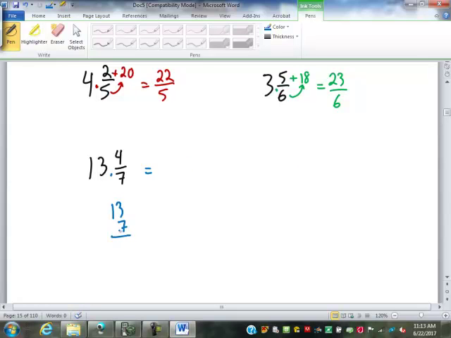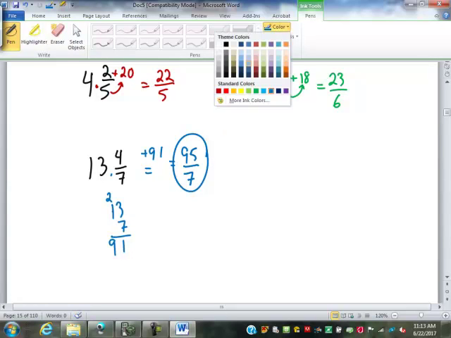I may have to write it out to make it work. 3 times 7 is 21, so 1 carry the 2. 7 times 1 is 7, plus 2 is 9. 91. So that's 91 added to the 4, which is 95. Very good. It says 95/7. Same process, it was just bigger, uglier numbers.